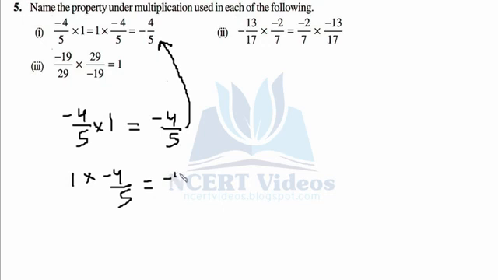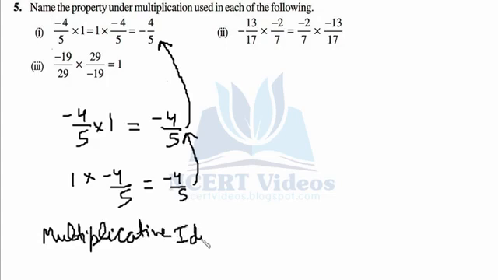When you solve it, you get minus 4 over 5, which is again the same. So what is it representing? It is representing multiplicative identity. That is, whenever a rational number is getting multiplied with 1, its value does not change. So as you can see, when the number is getting multiplied with 1, it remains the same number, negative 4 over 5, as it was initially. When 1 is getting multiplied with negative 4 over 5, we are left with minus 4 over 5, the same number.